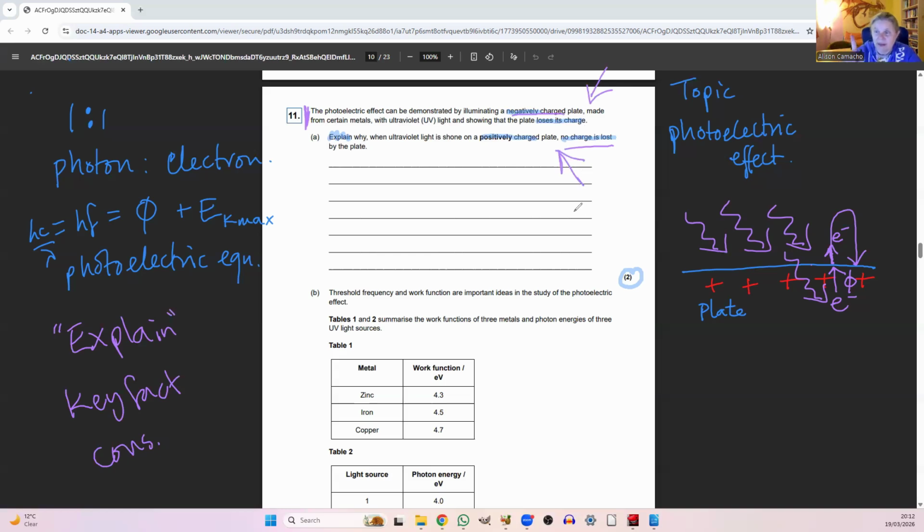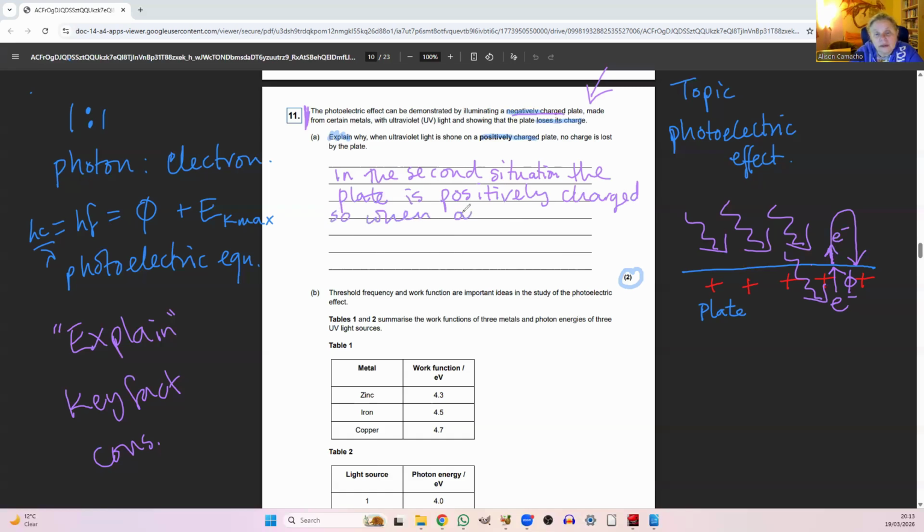What's the difference? Because that difference is the key fact. The plate is charged differently. Okay, in the second situation, the plate is positively charged.